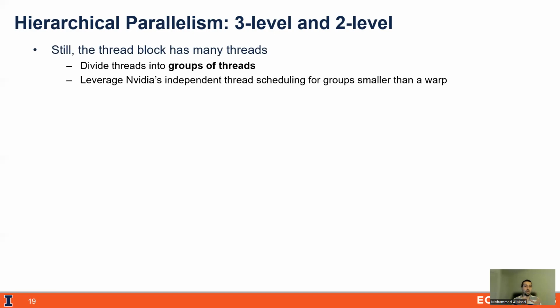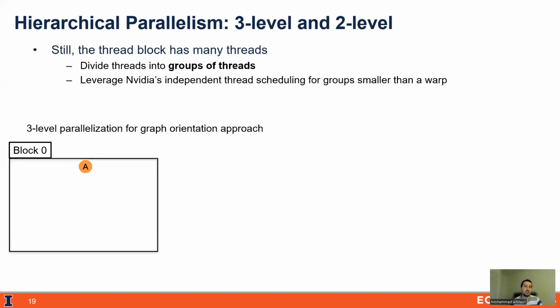Still, the thread block has so many threads, so we divide the threads of the block into thread groups. The natural choice is to divide them into warps of 32 threads, but in our solution, we leverage NVIDIA's independent thread scheduling to create groups smaller than a warp. This will improve the resource utilization and improve latency hiding.